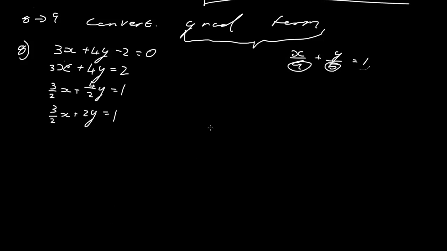Okay, next we want x over a. So we don't want a constant in front of the x or a coefficient in front of the x. Okay. So how are we going to do that? Well, let's start by getting rid of the coefficient of the y. How are we going to do that? We can divide the whole equation through by 2, and then y will be over 1. So let's do that. So we're going to divide by 2.